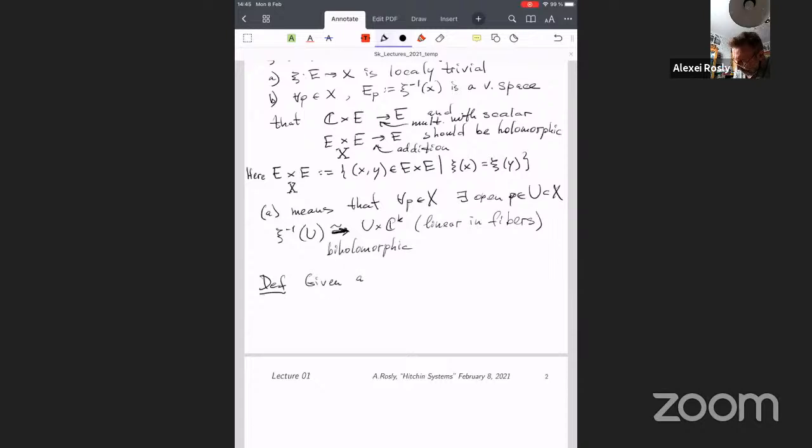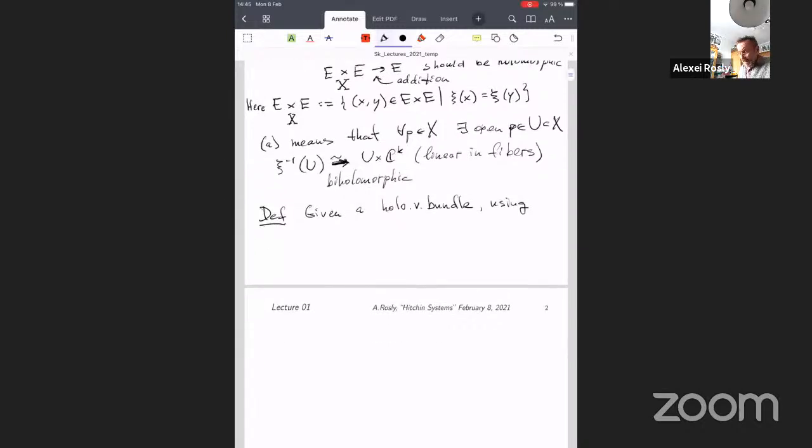Given a holomorphic vector bundle and using its local trivialization, I suppose that everybody has met sometimes such type of consideration, so therefore I'm very concise here. Using local triviality, one can pass to the following description.